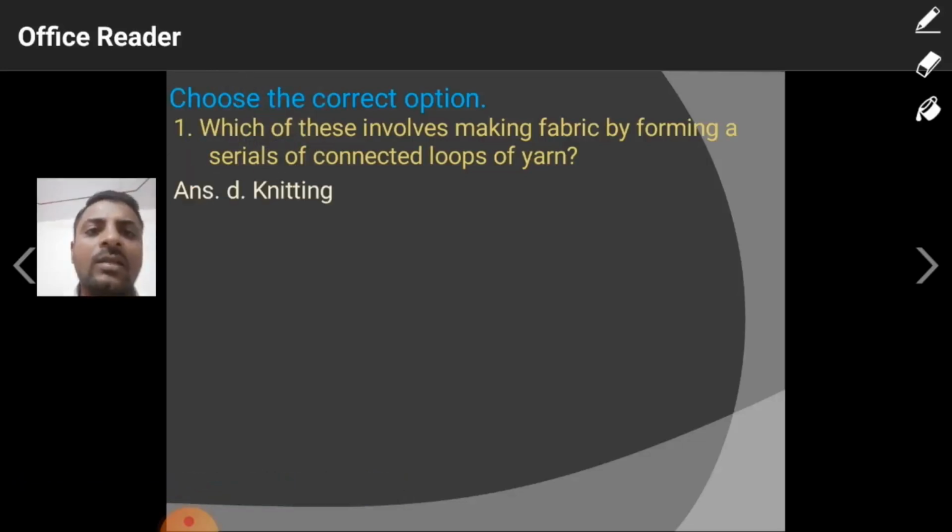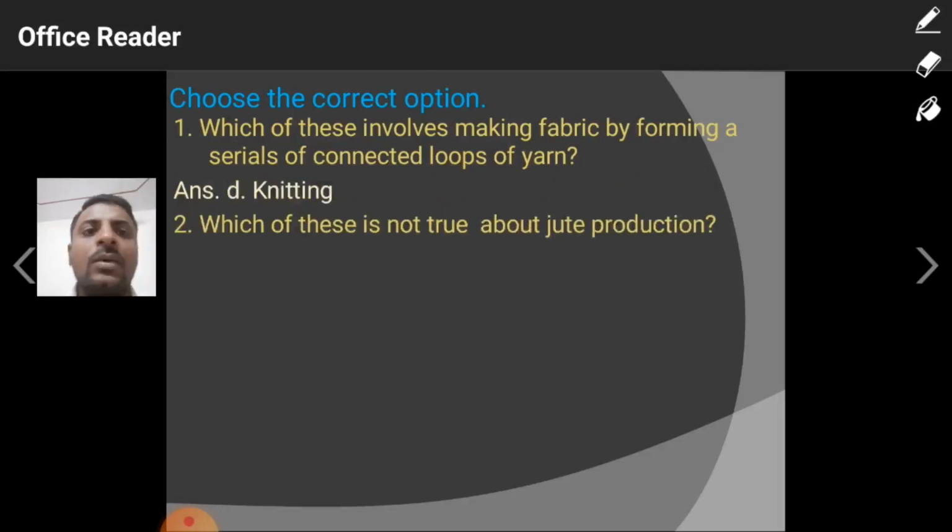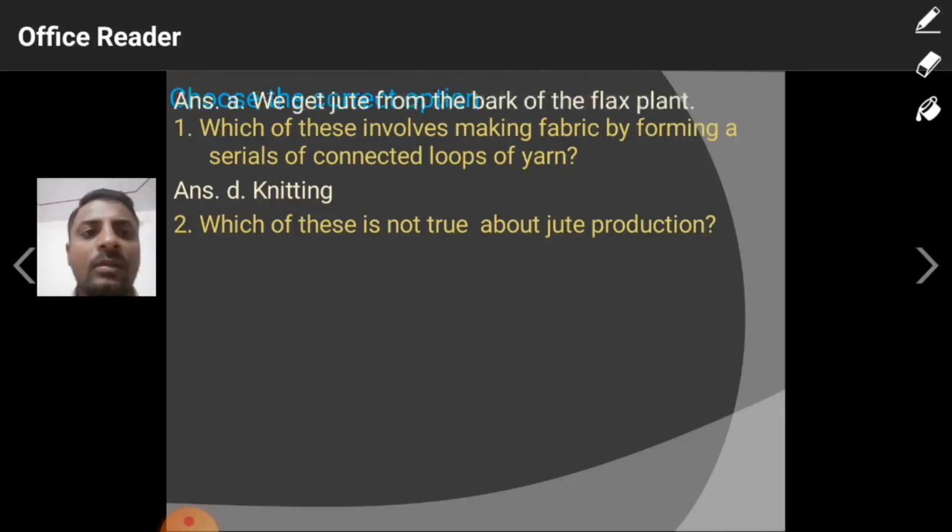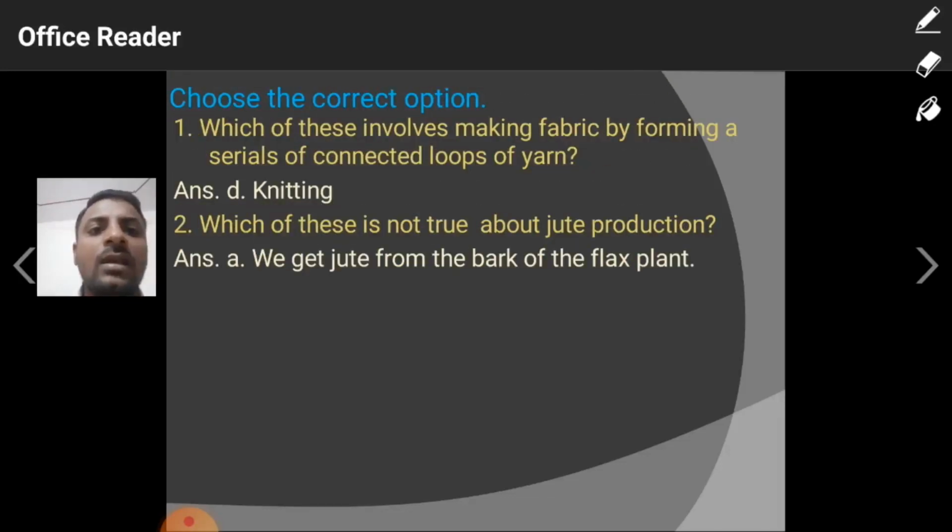The correct answer is D, knitting. Which of these is not true about jute production? The correct answer is A. We get jute from the bark of the flax plant. We get jute from the bark of the jute plant. The correct one is this.